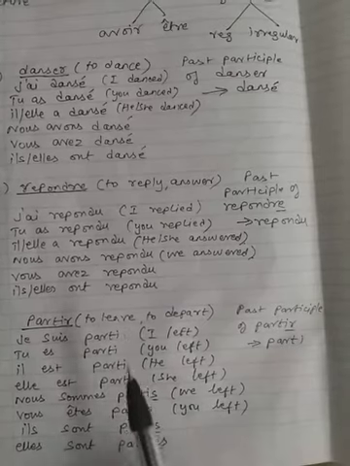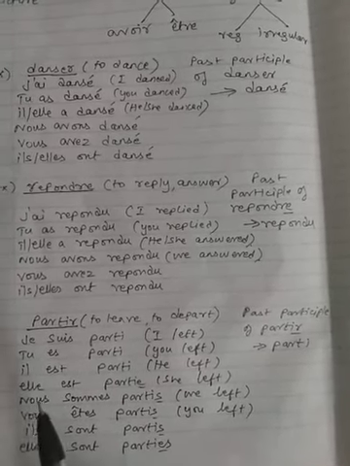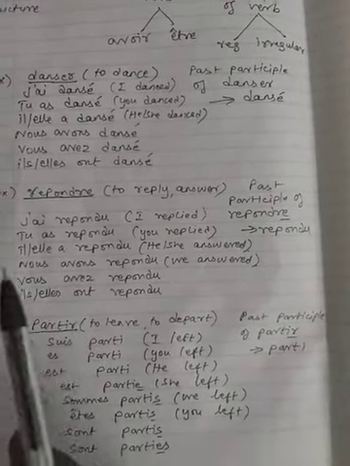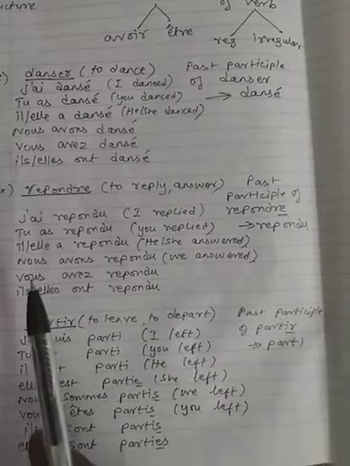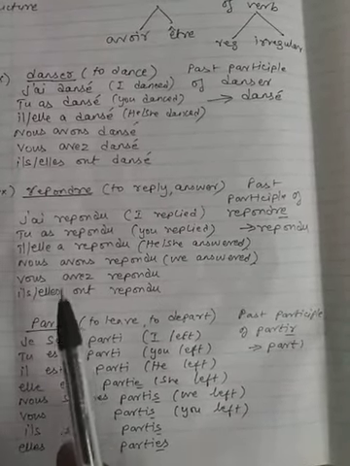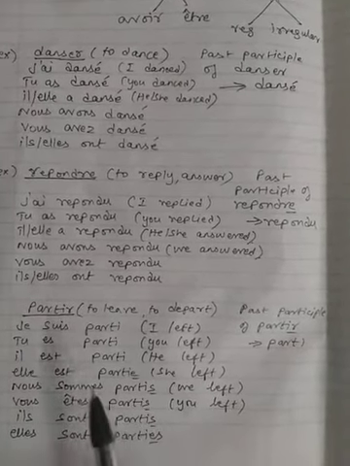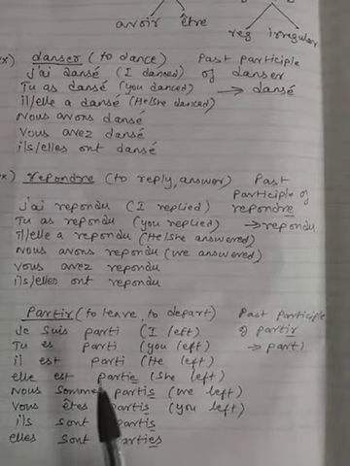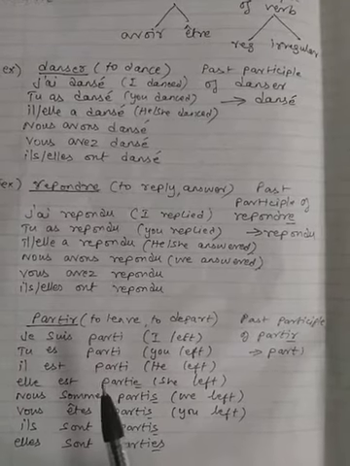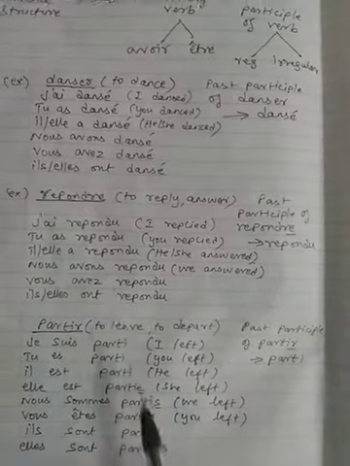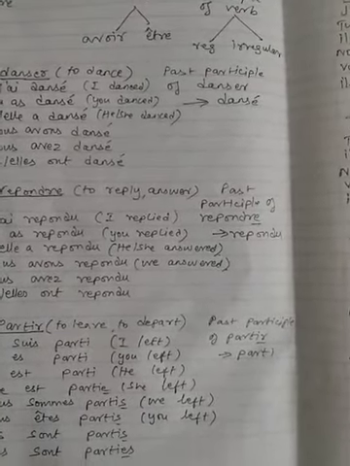Then, the past participle will agree with the subject. I have shown the examples. Here the past participle need not agree with the subject because the auxiliary verb is "avoir". Here the auxiliary verb is "être", and the past participle will agree with the subject. Just now we have seen the "aller" verb forming, for a verb in past tense. In the same manner we have to do this in past tense.